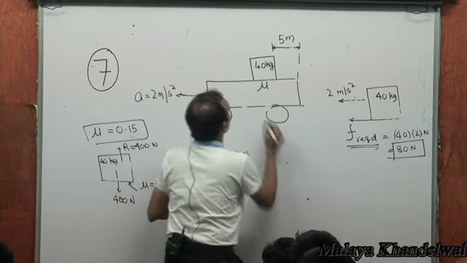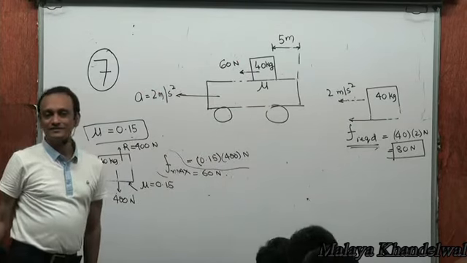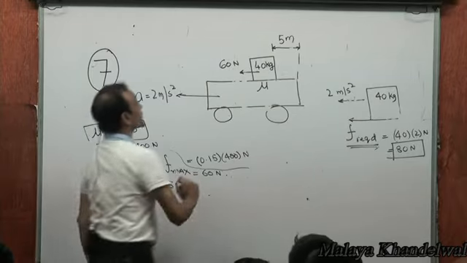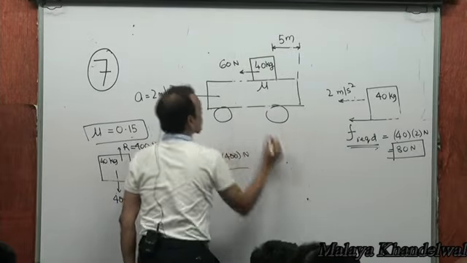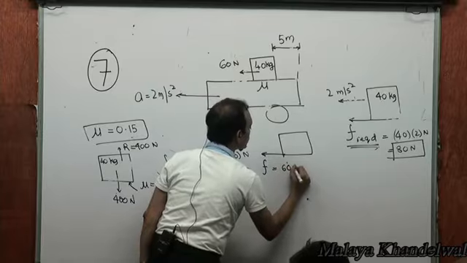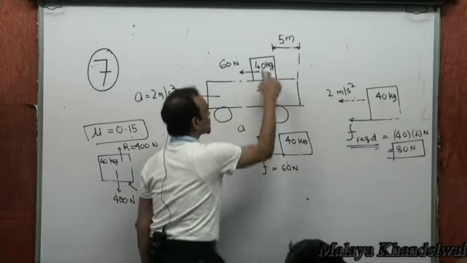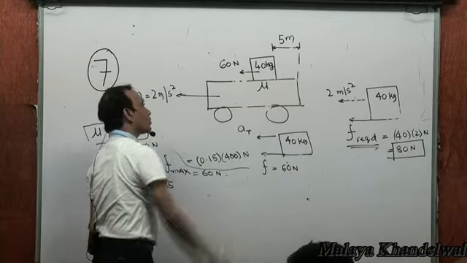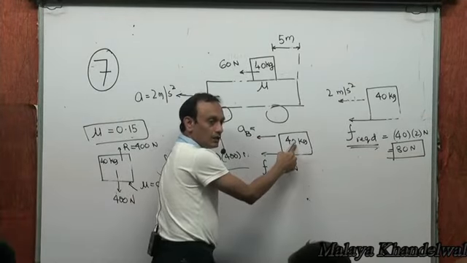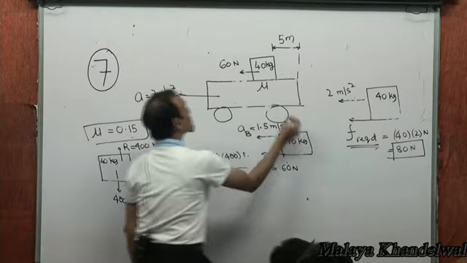So the frictional force acting on the block will not be 80 newtons, but is going to be 60 newtons to the left, causing the block, not the truck, to have an acceleration of 60 by 40, 1.5 meters per second squared. So now I know the acceleration of the block.